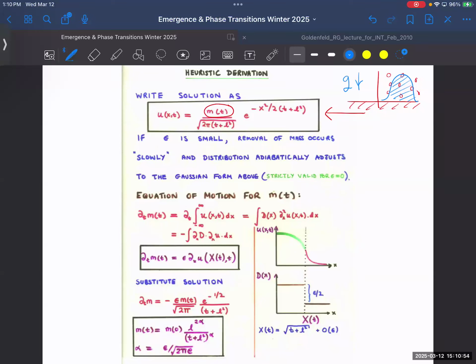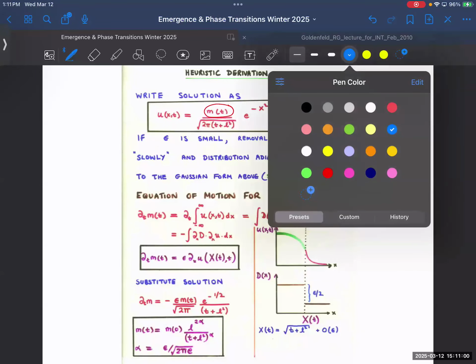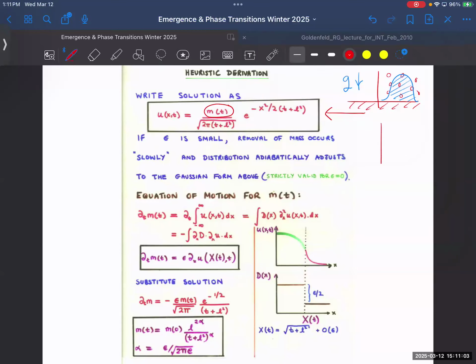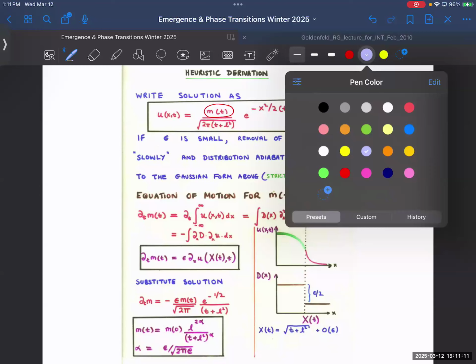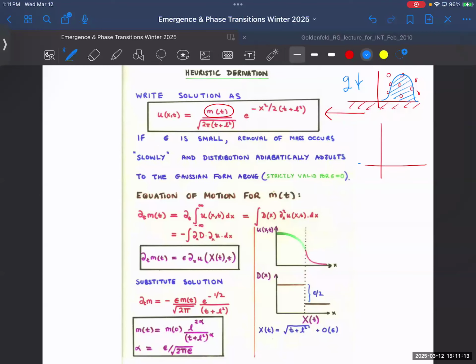And so what's going to happen at later times is that this groundwater mound is going to settle under gravity, and my rock has still got these pores like this. Okay, so you understand the setting here.